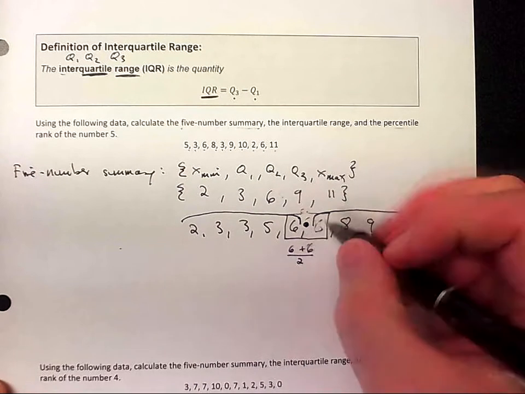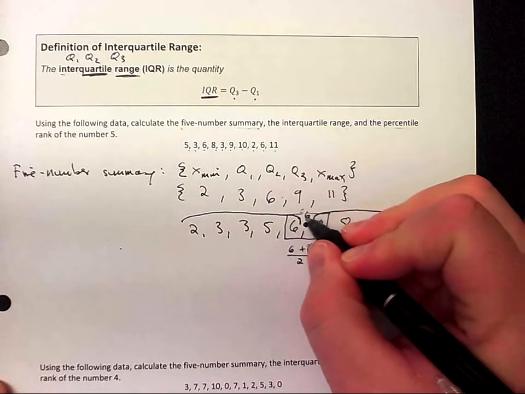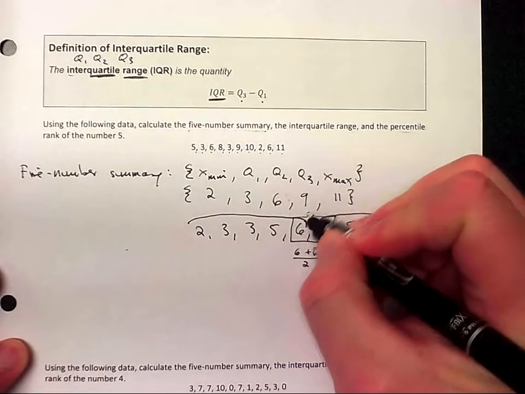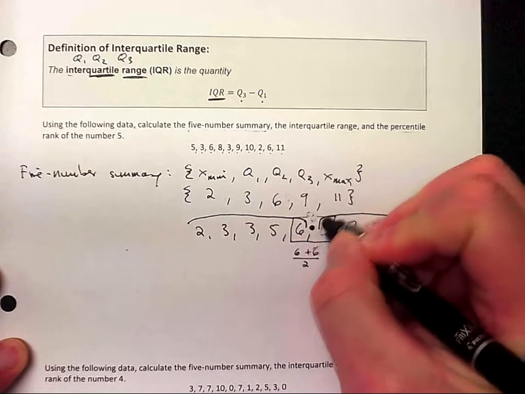So I'm going to change this number to a 7, and I'm going to squeeze in an extra 6 there, right? Now we don't have 10 values, we have 11 values. Now whenever we identify Q2, what would Q2 be in this case? Q2 would be 6. This 6 right here, right? So now we're not going to include this 6 in the lower set or the upper set. But now how many values are in our lower set? It's 5, right? It's not an even number, right? Great question. So let me change this stuff back.